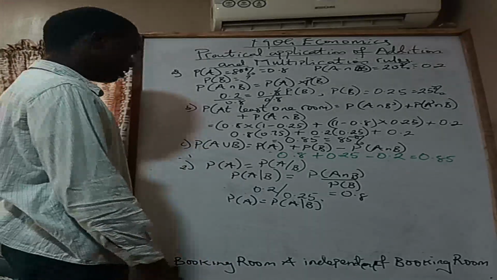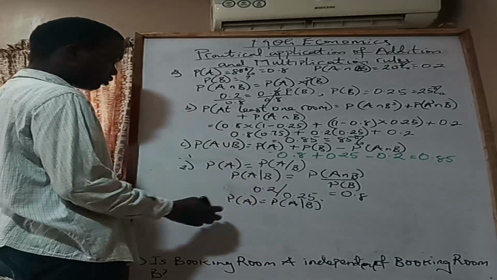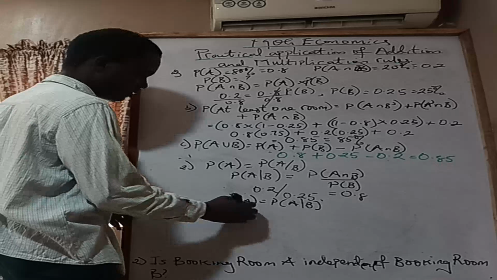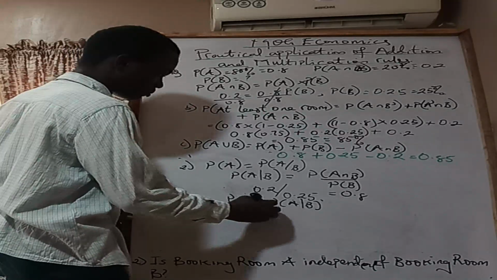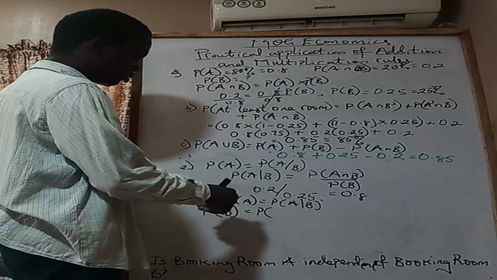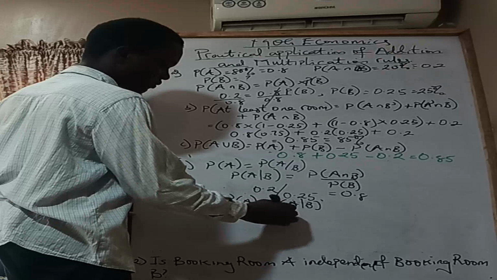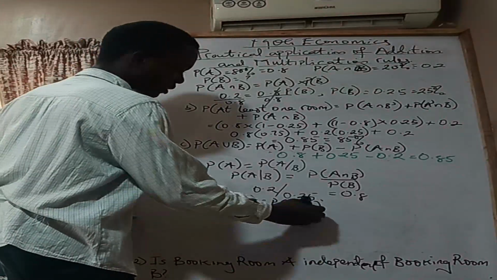All right. You may also want to try the other way around, using the probability of B to test it. So the probability of event B should be equal to the probability of event B happening, given that event A already happened.